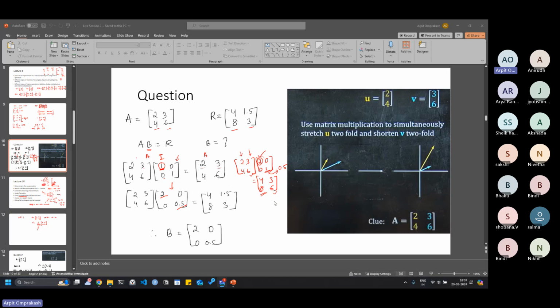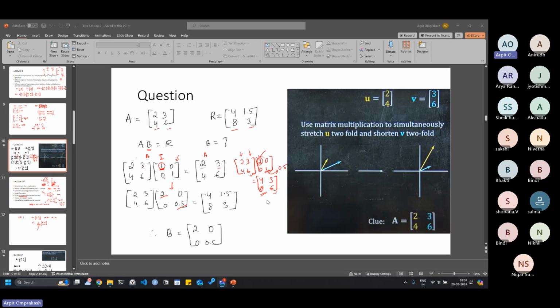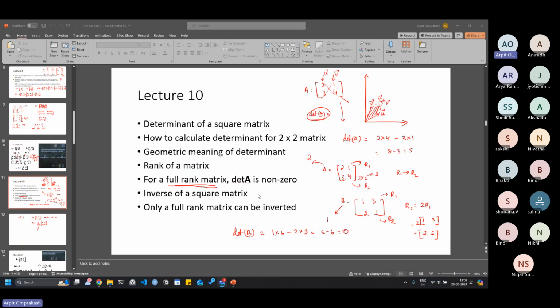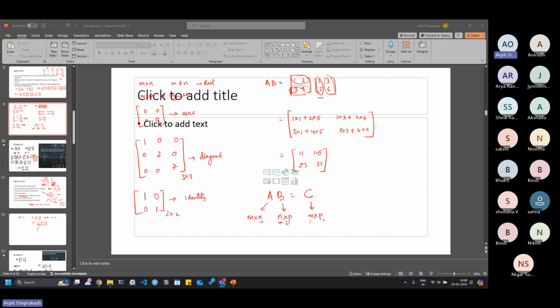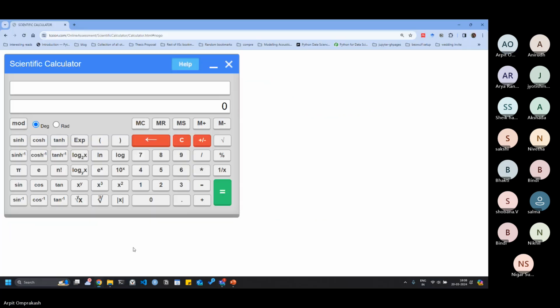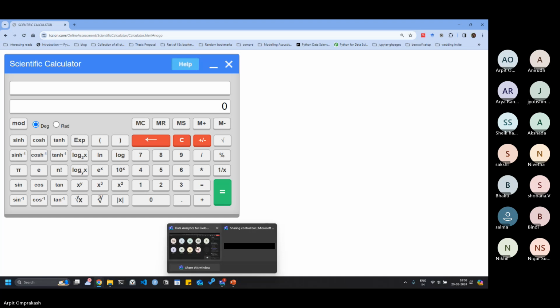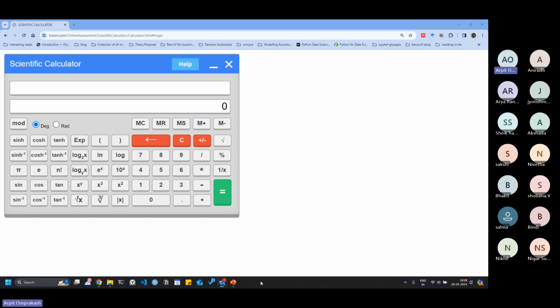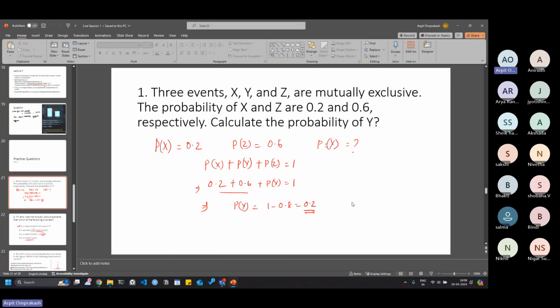Eigenvalue and eigenvector you don't need to calculate. Things which require heavy computation or mathematics that you have not been taught in the course won't be asked. Whatever you will be asked, you will be able to solve using this scientific calculator. So most likely you won't be asked to solve for eigenvalues and eigenvectors, so don't worry about that.